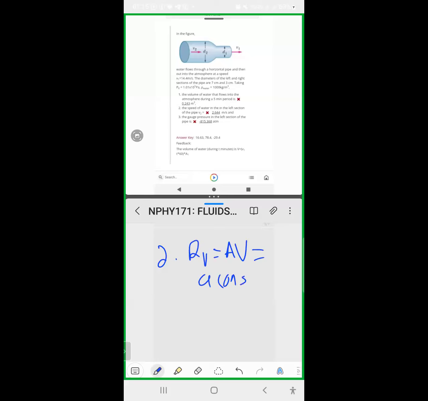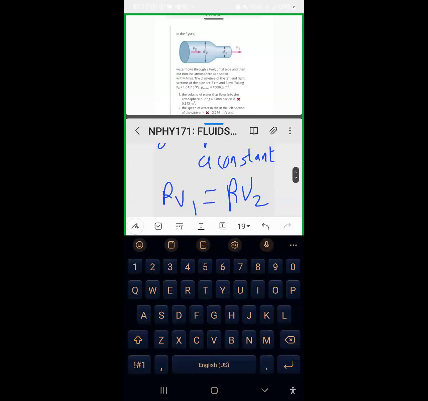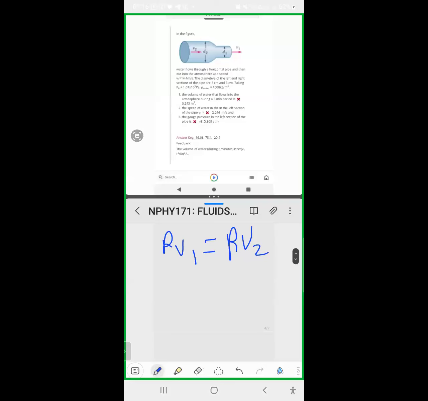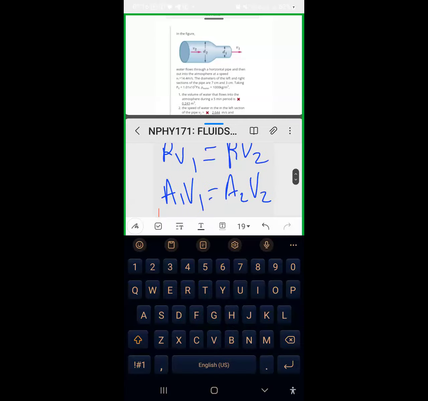So by definition, this tells us that the volume flow rate on the right section is equal to the volume flow rate on the left section. Therefore, we can conclude that A1 multiplied by V1 is equal to A2 multiplied by V2.